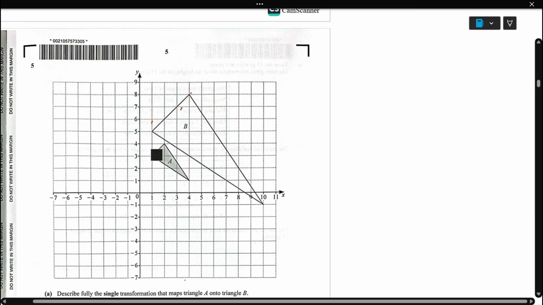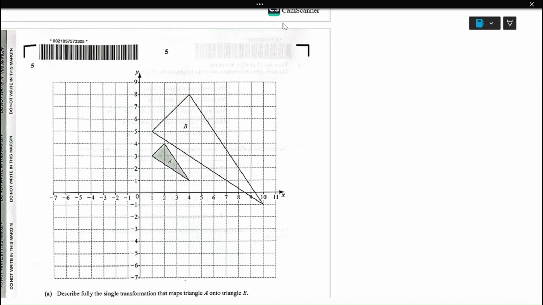Now triangle A has to reflect in the line x equals -1. We check the distance: 1, 2, so here is 1 point. Here 1, 2, 3, so here is another point. Here 1, 2, 3, 4, 5.